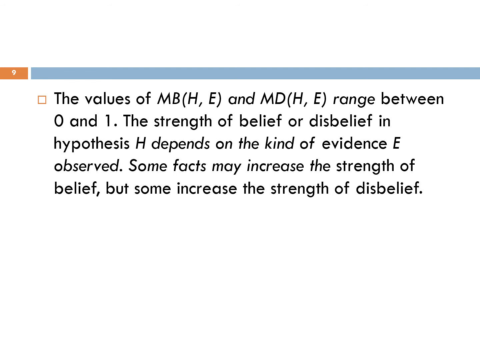The strength of belief or disbelief in the hypothesis H depends on the kind of evidence E observed. You check the evidence to see how to look at the strength of belief or disbelief in the hypothesis H.